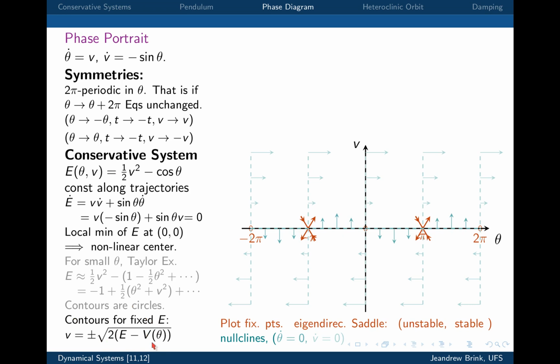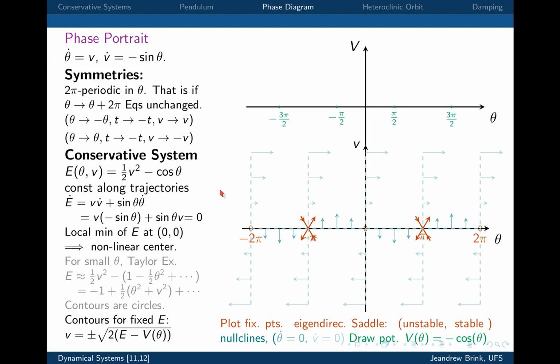And how we go about it is very similar to the double well potential. We plot the potential up at the top, which is just the integral of the force for these type of equations. We know that we're simply plotting minus cos theta.